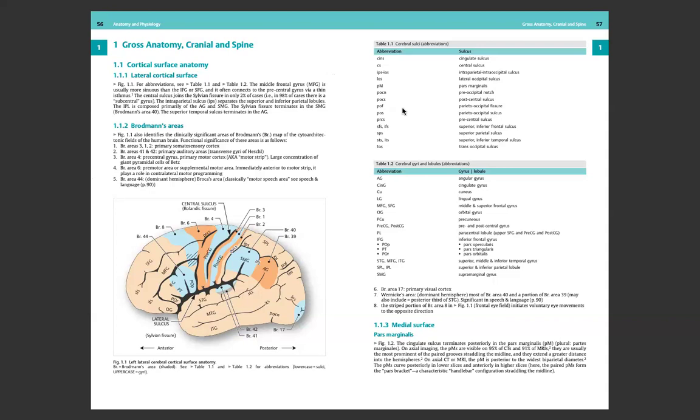Other anatomical locations, including the central sulcus, somatotopic arrangement, the hand knob or the omega sign, surface craniometry, and then majorly craniometry, and then the important foramina, and the internal acoustic meatus, and essentially that's where we're going to stop.